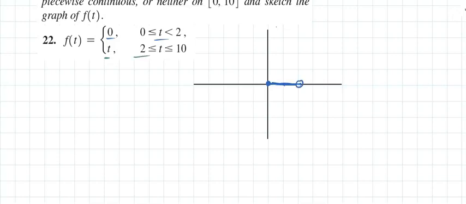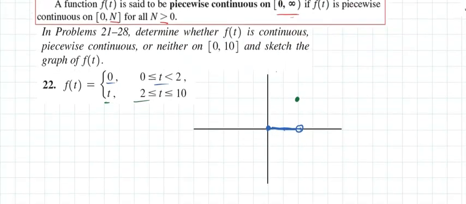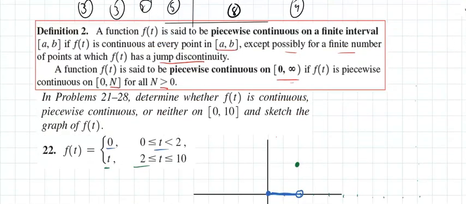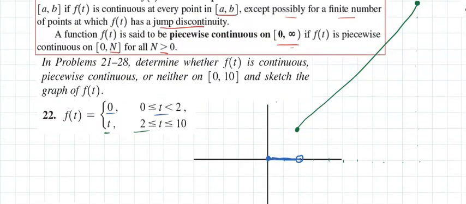And 2, 2, with a slope of 1 all the way to 10. So that's what the graph looks like, something like that. Of course, I could rescale this if I want.